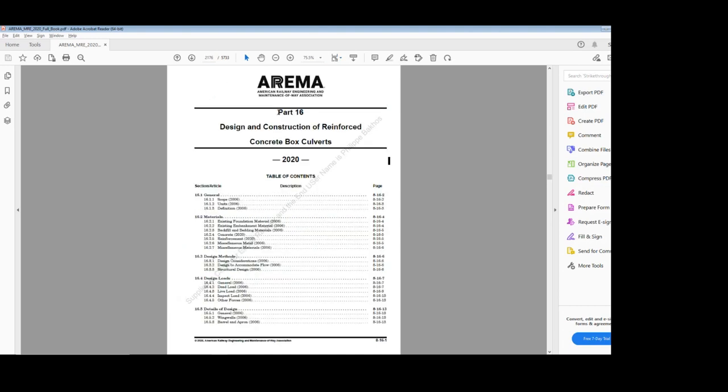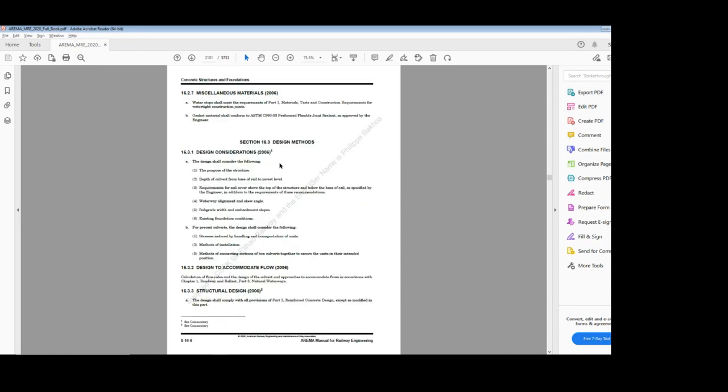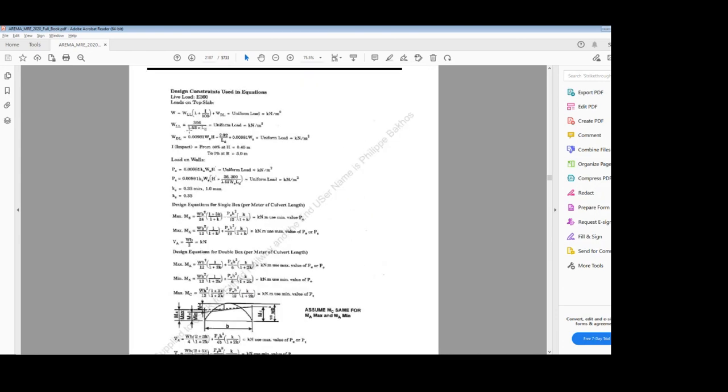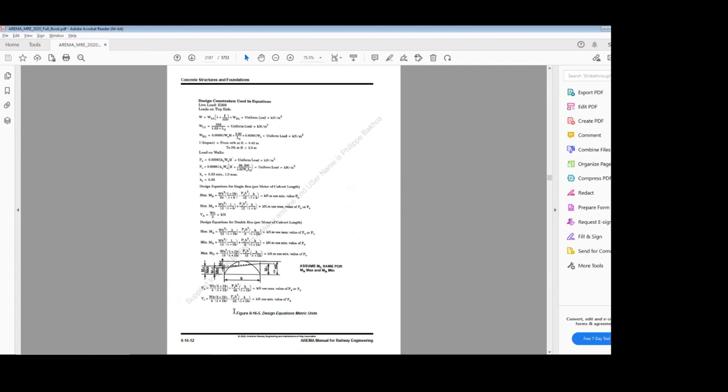In part 16, as I told you earlier, you have to focus on four parts: part 2, part 5, part 16, and part 17 for prestressed concrete. In part 16 they have given the equation for what impact load should be taken for a structure having fill depth, in figure 5, the design equation in metric units.